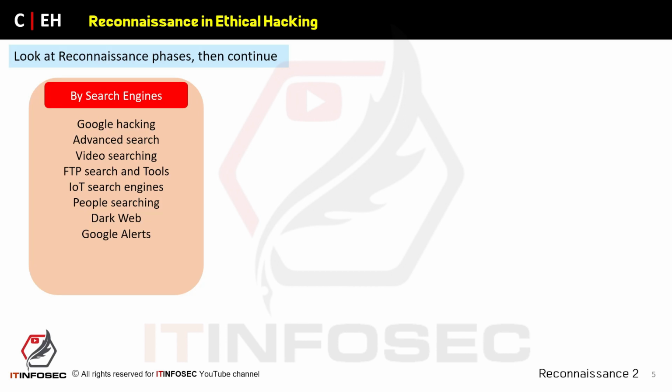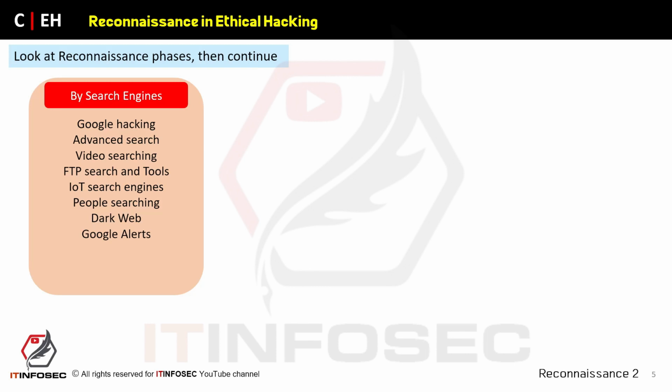Well, look at the first item, which is search engines. There are many items under each part. For example, when performing reconnaissance with search engines, you can get information by Google hacking techniques.